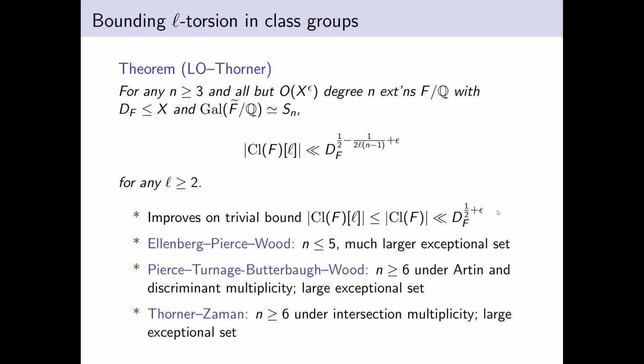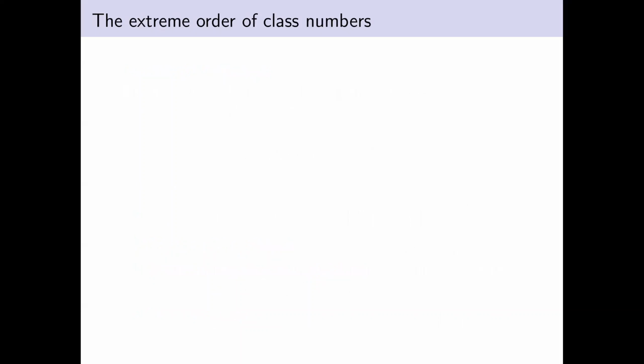Another application that we like quite a lot also concerns bounding class groups, but from the other direction. In particular, we can consider the extreme order of class numbers. What is the biggest possible class number you can see?